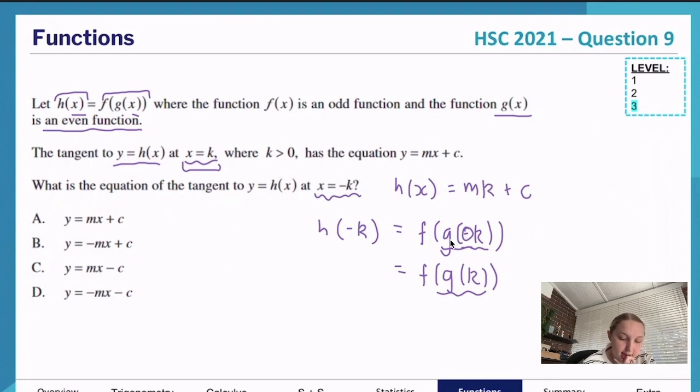So then we can say that that is going to equal mk + c, because it's going to be this little bit that we've already found up the top here. Okay, and so then what we want to do is use our formula, y - y1 = m(x - x1), to find the actual equation.